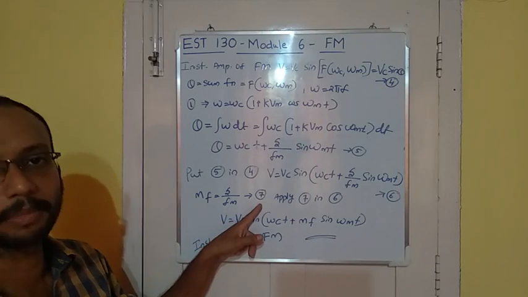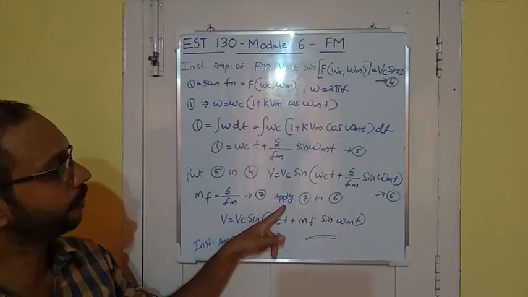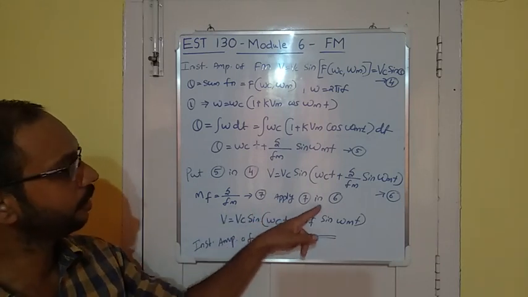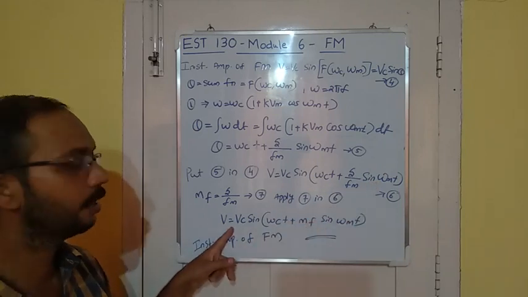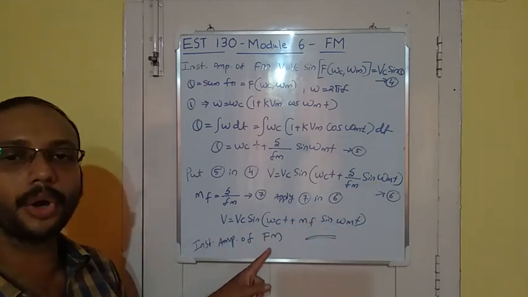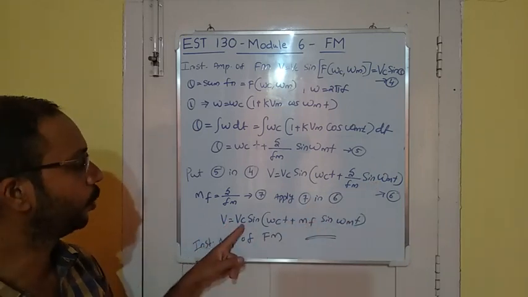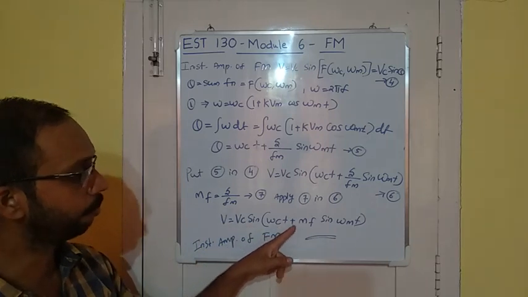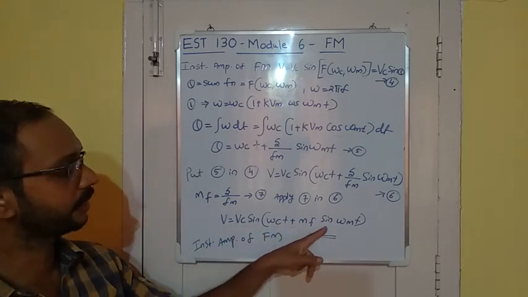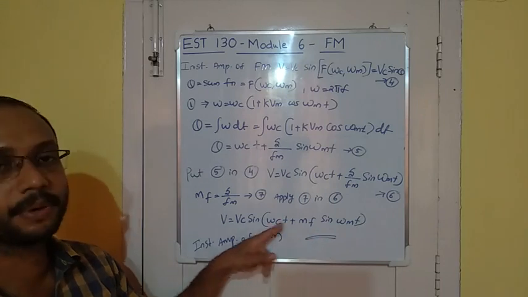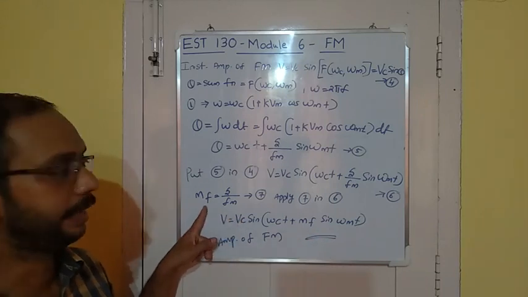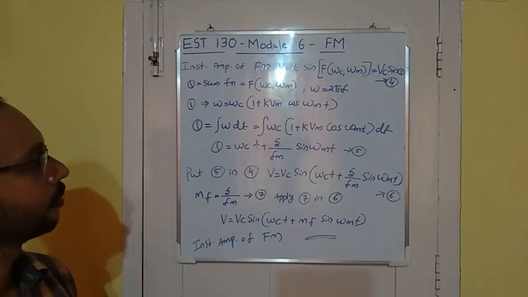That is equation number 7. If you apply equation number 7 in equation number 6, we will get the instantaneous amplitude of FM as V is equal to Vc sin(omega c t plus mf sin omega m t), where mf is the modulation index.